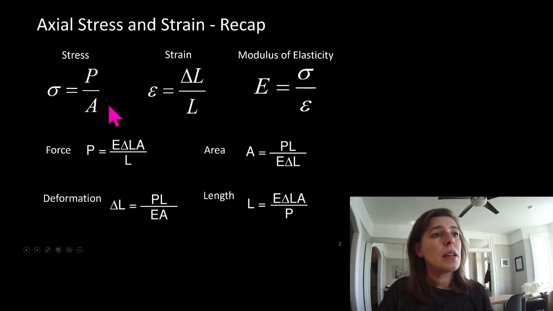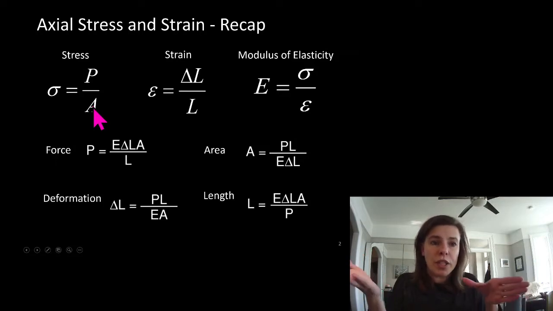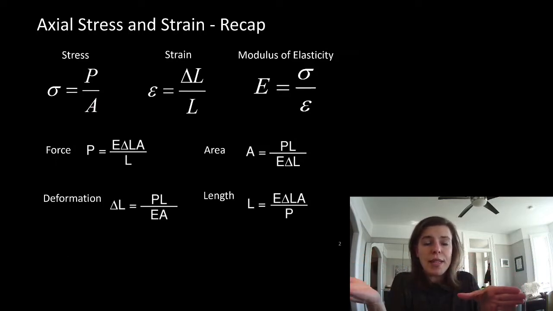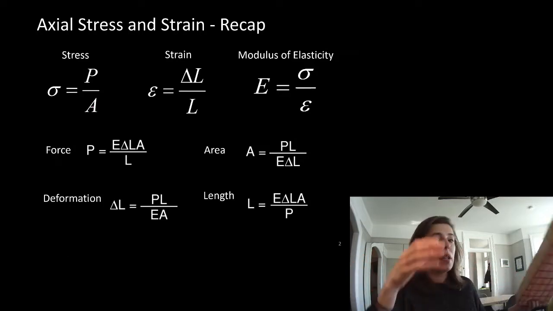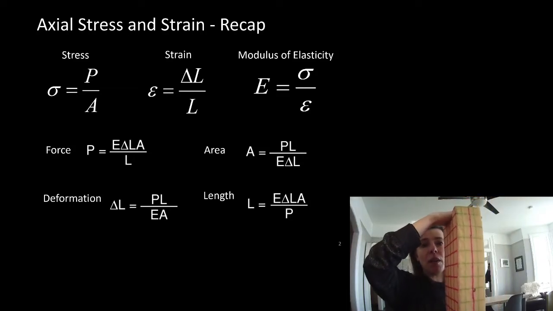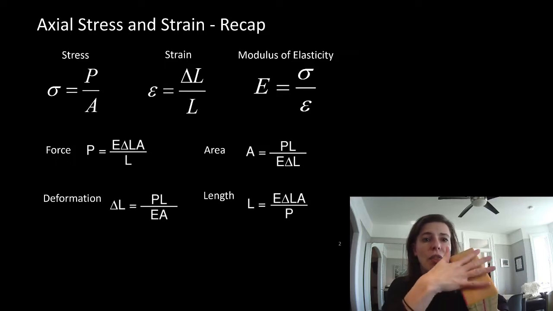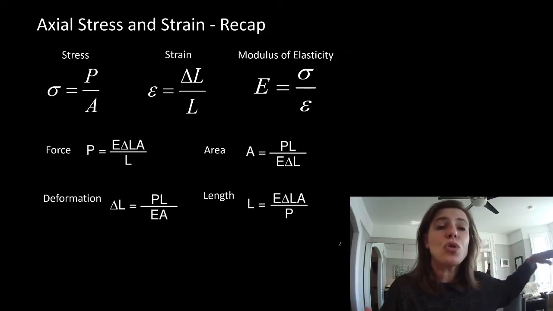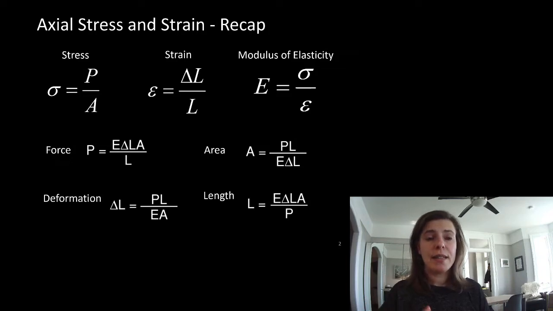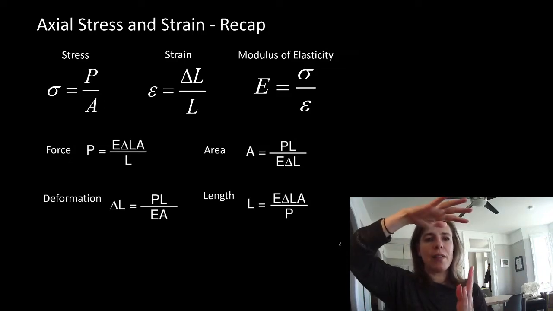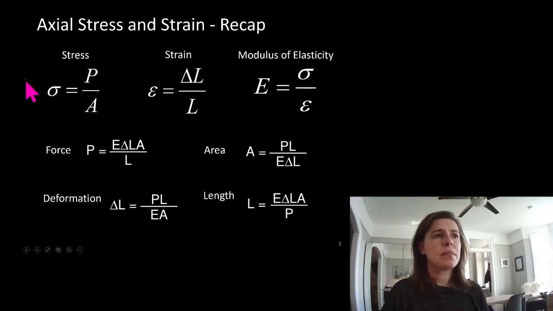And if we're picking what member we want to check, we're talking about the cross-sectional area of that member. So if this was our column that we're talking about, our cross-sectional area is this right here, or this surface. And the stress that that object sees is that force divided by that area.